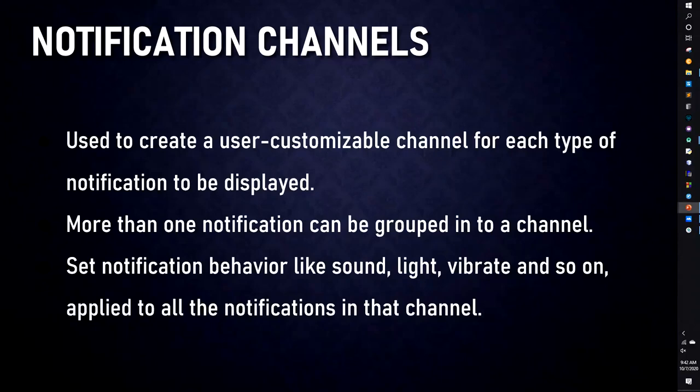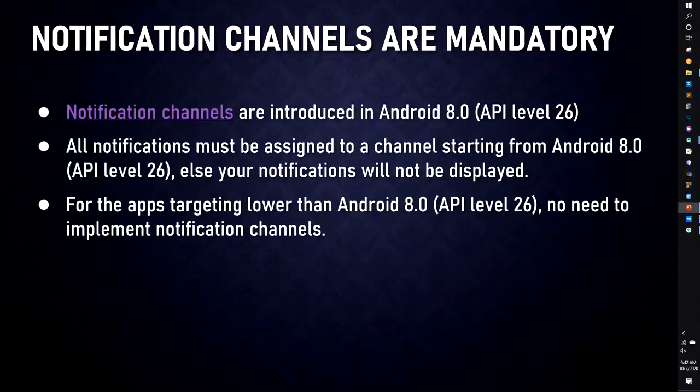So we may have many notifications in one channel. This was introduced in Android version 8, API level 26 and above, and all notifications must be assigned to a channel starting from Android 8. If you don't specify the channel, your notification will not be displayed. For apps targeting lower than Android 8, you may not need to implement the notification channel for your app.